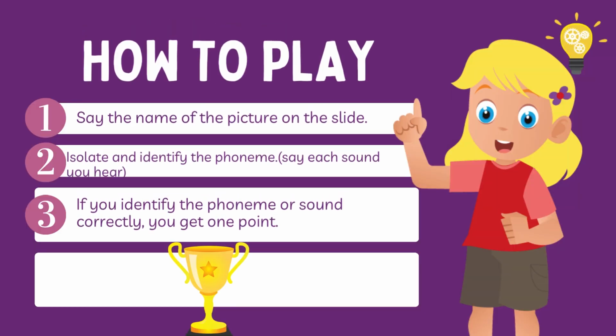So we're going to play this game, parents. So this is the way the game is. The child is going to say the name of the picture on the slide. Whatever the picture they see, they're going to name it. Then they're going to isolate and identify the different sounds.